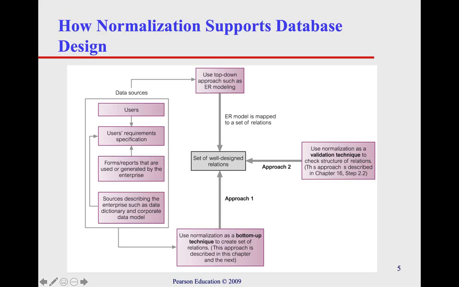As an alternative, you could just start with normalization to begin with, and for those of you who are more bottom-up oriented, that can work as well. In fact, today we are looking at it exclusively from a bottom-up perspective.